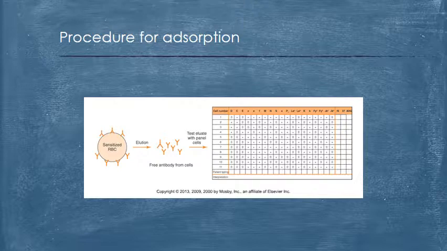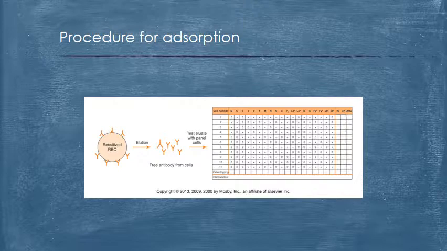So AHG is going to be triggered in those cases, and so you get reactions even at the AHG phase. Okay, so because you've added another reagent, the antibody remains bound but doesn't agglutinate. But at the AHG phase, you're going to enhance the agglutination, so that's what can happen.